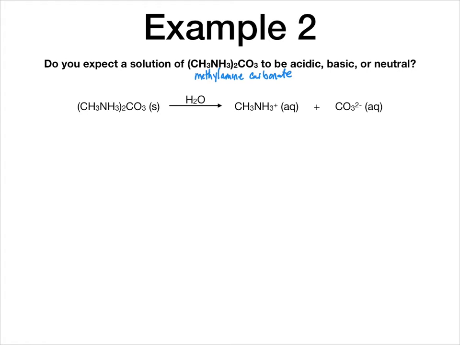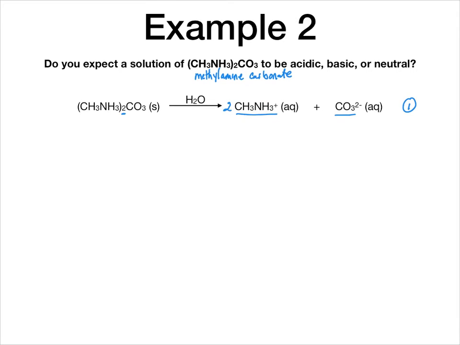And so my first step, like I've done before, is breaking the ionic species up into its ions. And so I get methylamine here, and I get the carbonate ion here. Now, I didn't balance this out. Notice how in this reaction there are two of these.